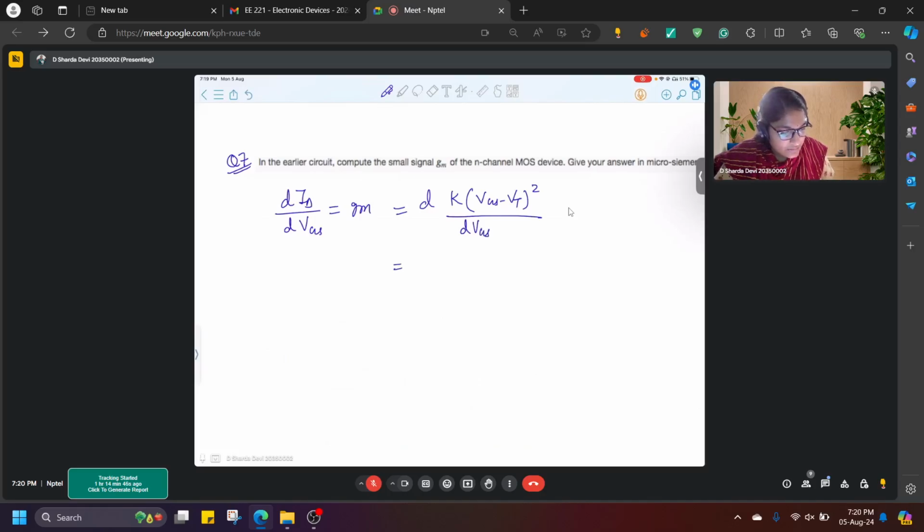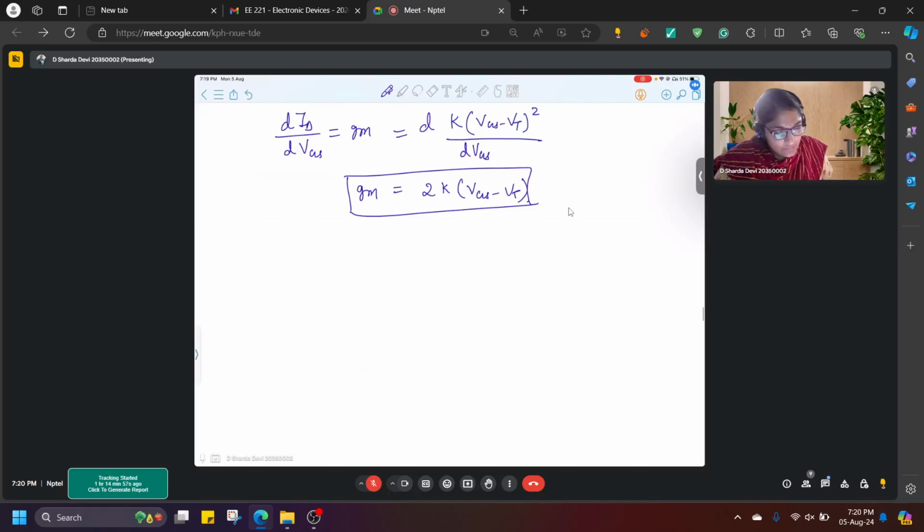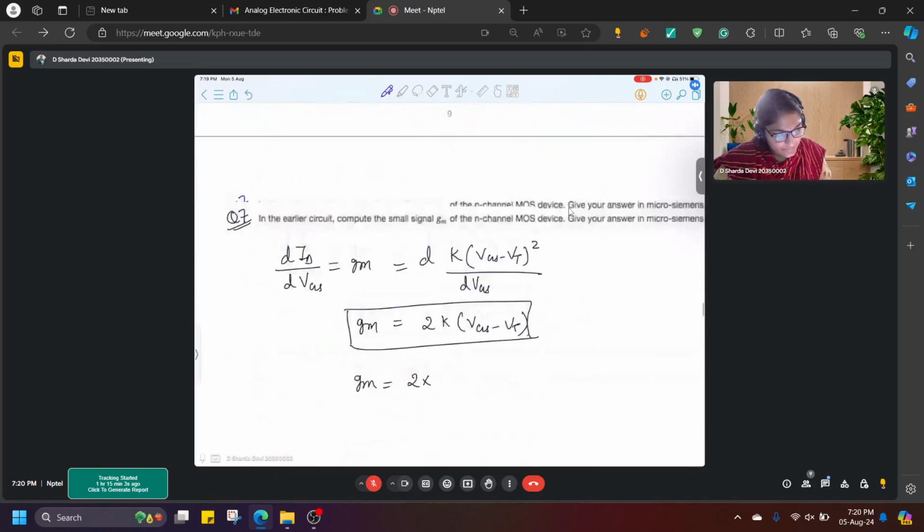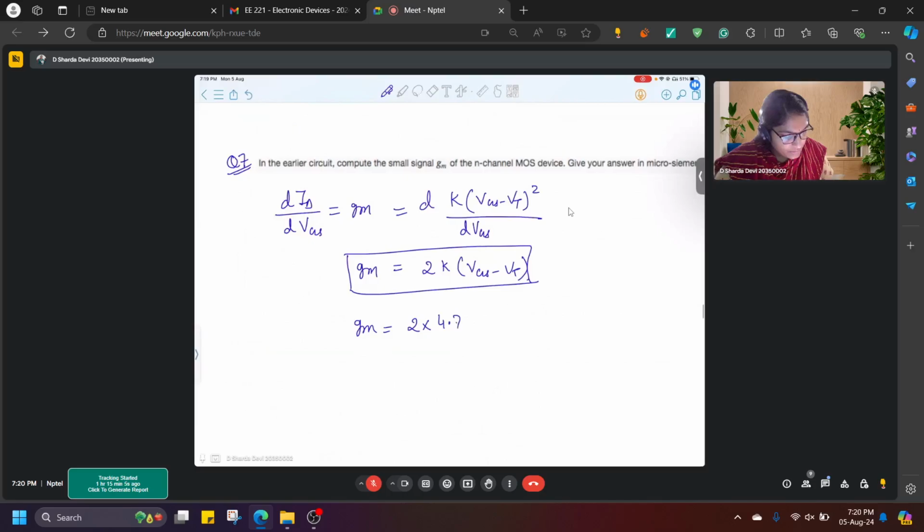So it turns out to be 2K (VGS minus VT). This is your gm. So gm will be equal to 2 into K, which is 4.7, times VGS minus VT.